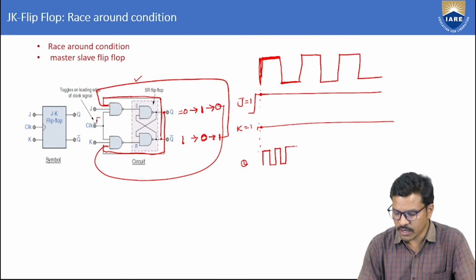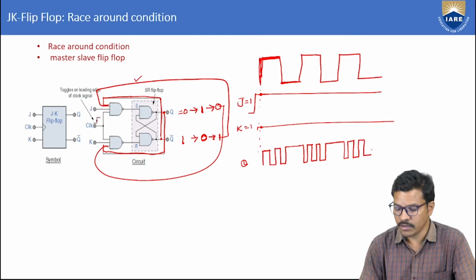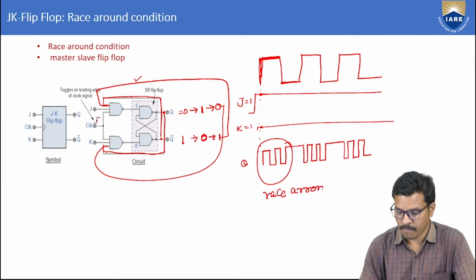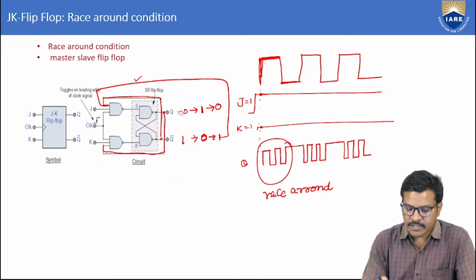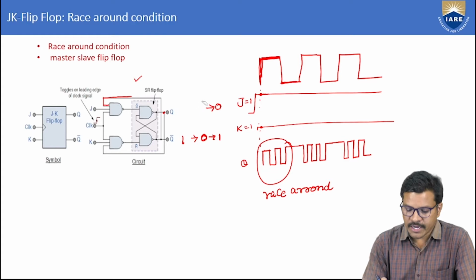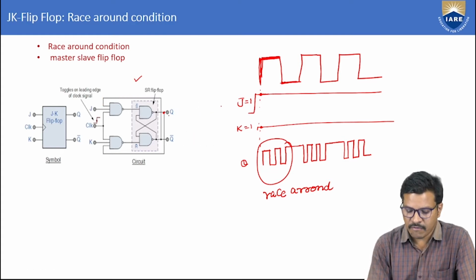The inputs are constant, and because of the clock pulse, it again races around, and still the inputs are constant, and this gives the race-around condition. This race-around condition is eliminated by providing an extra gated JK flip-flop following the basic JK flip-flop.